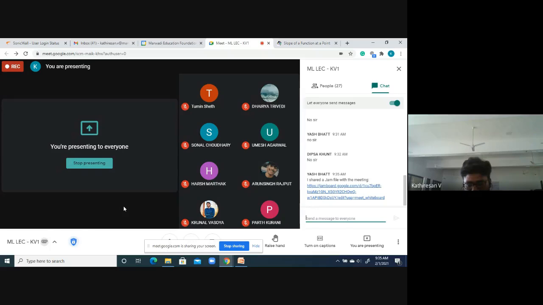Yash has shared a Jamboard to do this diagram and other stuff. Yeah, I know about this Jamboard. Thanks for that, I will try to work with it. Actually this platform, Google Meet, is new for me. Previously I was working with Zoom, but Zoom is a paid version for more than 100 participants and more than 30 minutes.